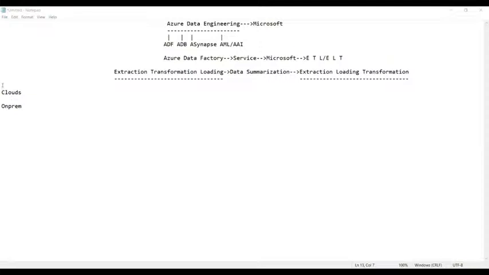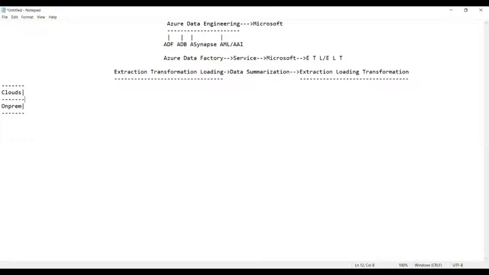Before we go ahead, I wanted to know first of all from you guys, what is the difference between the clouds and on-premise, do you know it or not? Need not hesitate, everyone, just tell me.